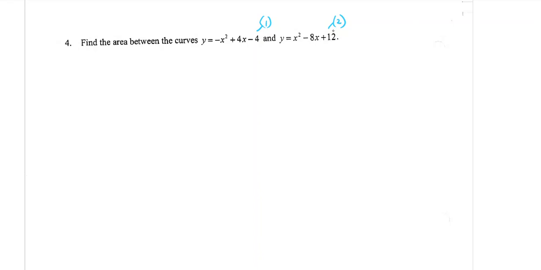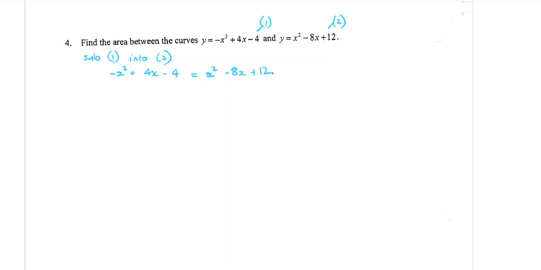So equation 1 and equation 2, sub 1 into 2. So that will be minus x squared plus 4x minus 4 equals x squared minus 8x plus 12. I want the x squared positive so that I can hopefully factorize this thing.